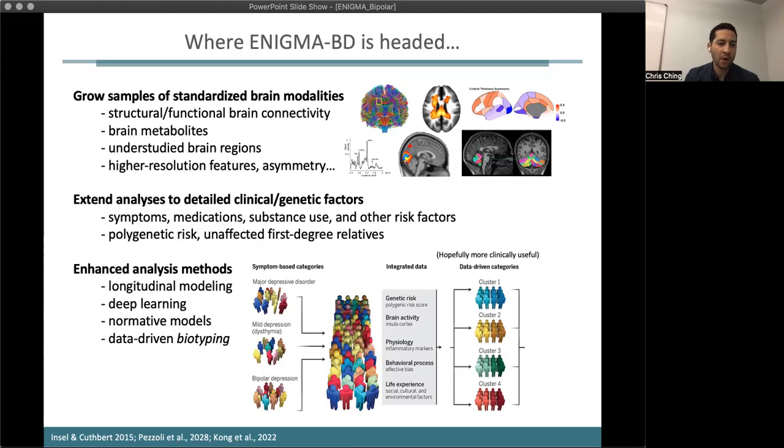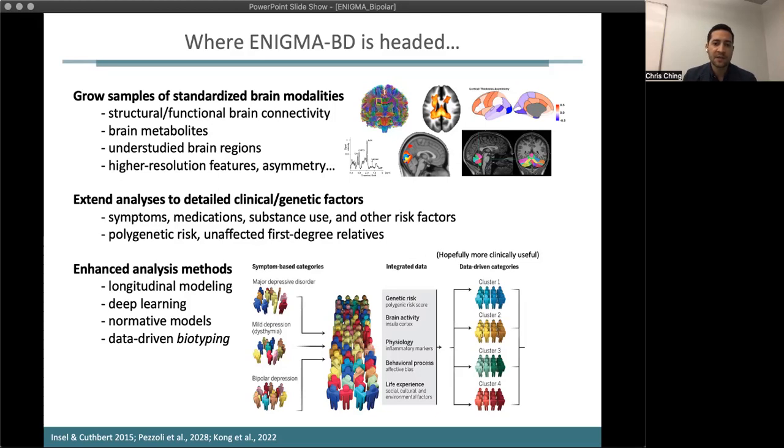As I mentioned before, we're also enhancing our analysis methods, right? We're trying to look at longitudinal brain change modeling, applying some of these deep learning and other big data approaches by combining these large samples that span classic disorders with other biological data alongside the standardized brain measures we've been generating.